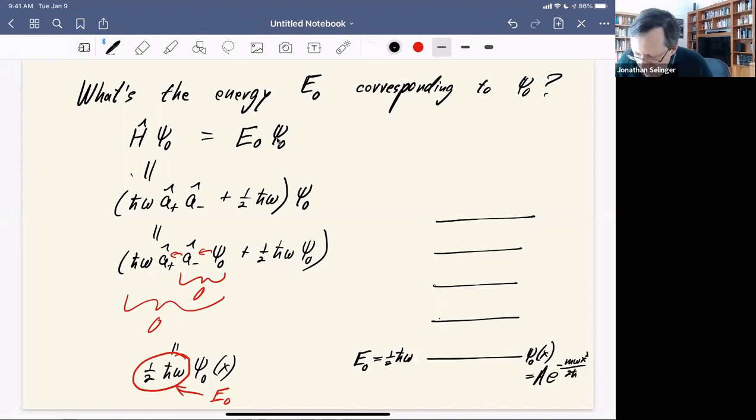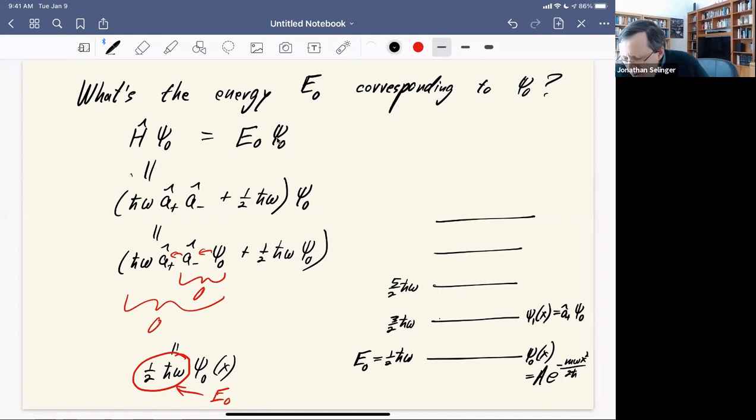Then as we go up the ladder, we get an energy that is higher. The next step is 3/2 h bar omega, and then 5/2 h bar omega, and so on. And then we get a psi 1 of x, which is A plus acting on psi 0.